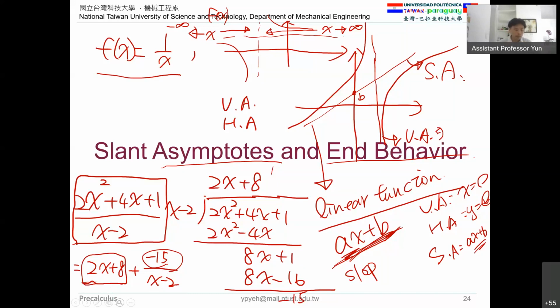Right? So in this case, we call this the irreducible form of these functions. Okay.